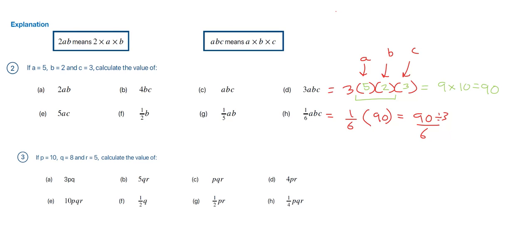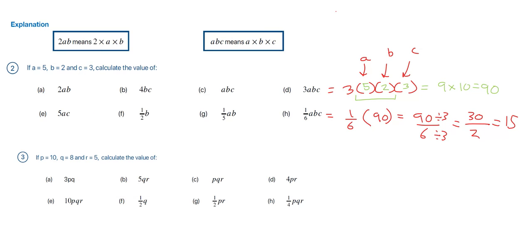Well, we can divide by 3, numerator and denominator, to get 30 over 2, which gives 15. Or we could have divided straight away by 6, and we know that 6 times 15 is 90. So you can have a go doing the rest of these questions and pause the video.